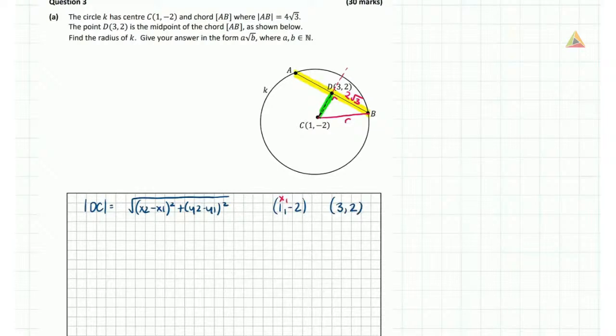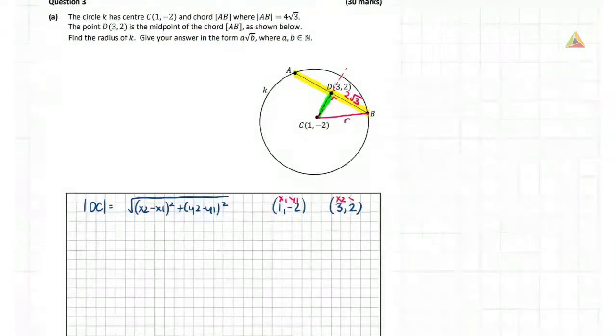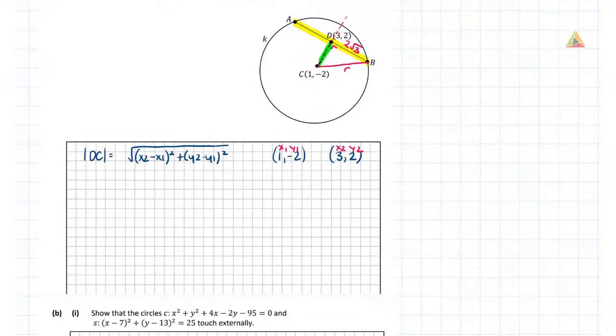So I'm going to label my points: I have x1 y1 and I have x2 y2, and all I'm doing is subbing straight into the formula. That's going to give me the square root of 3 minus 1 all squared plus 2 minus minus 2, so that'll give me a plus 2 all squared as well. We can plug that straight into our calculators, and that should give me a distance of 2 root 5 for this line here.